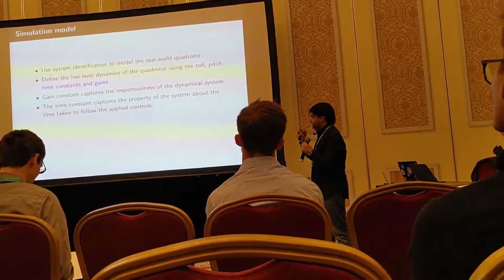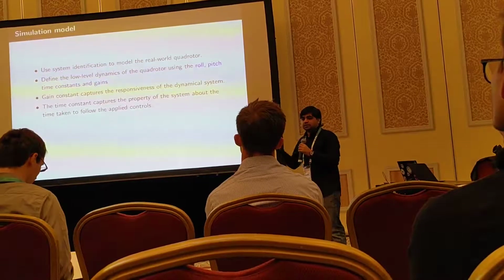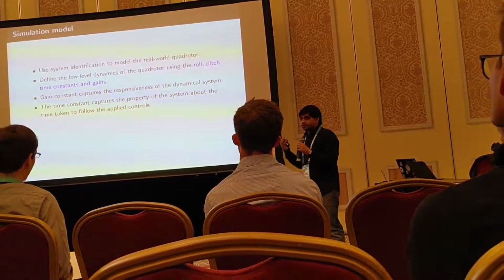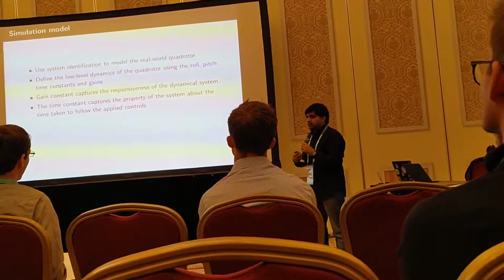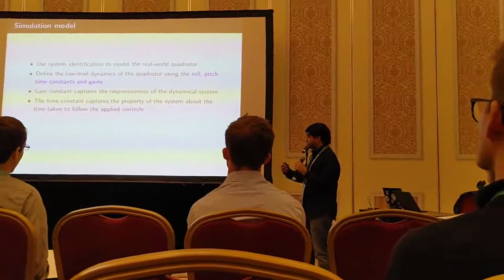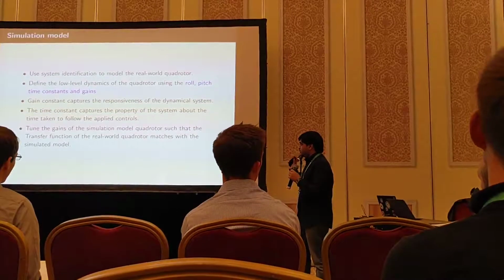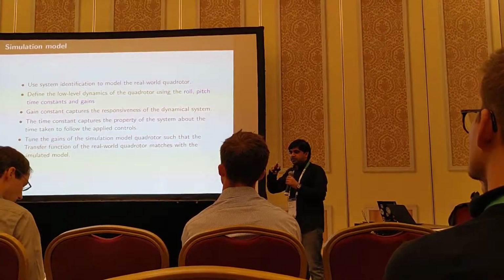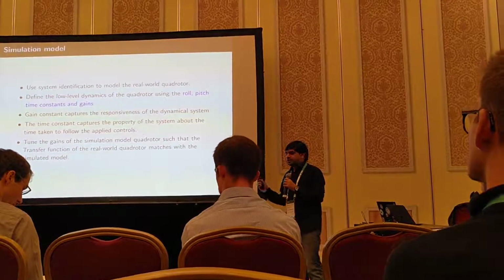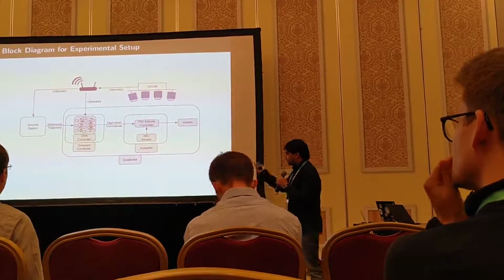The roll and pitch gains capture the responsiveness of the system, and the time constants capture how much time it will take to follow the applied controls. So we tune these gains such that the transfer function that we learn from the real quadcopter is matched by the simulation quadcopter.